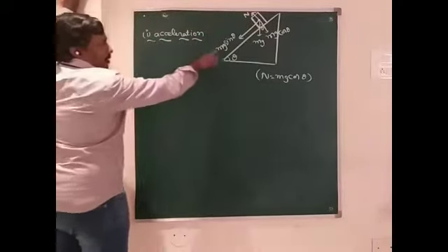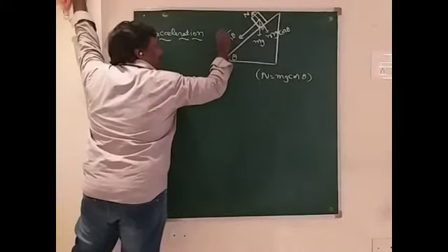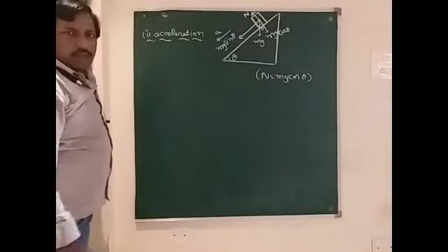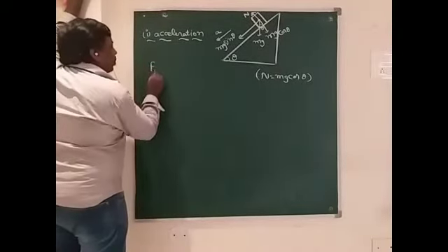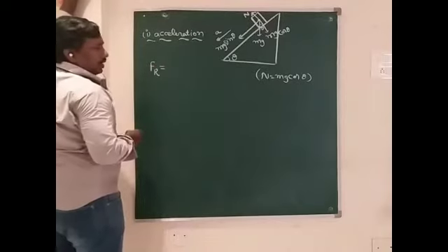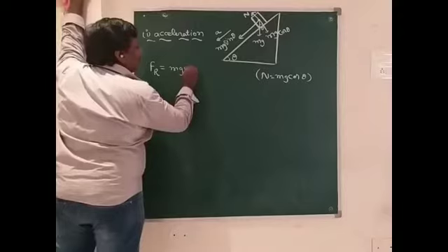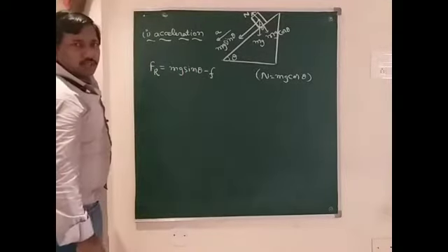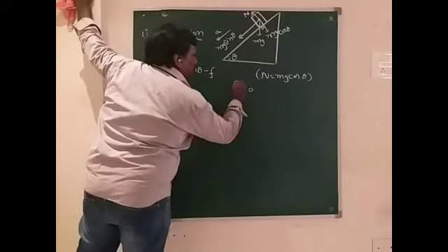So this is the unbalanced force. The acceleration of the body is along the plane in the downward direction. Therefore the resultant force acting on the block, Fr, equals mg sin theta minus F. Here it is a smooth inclined plane, so the frictional force is 0.